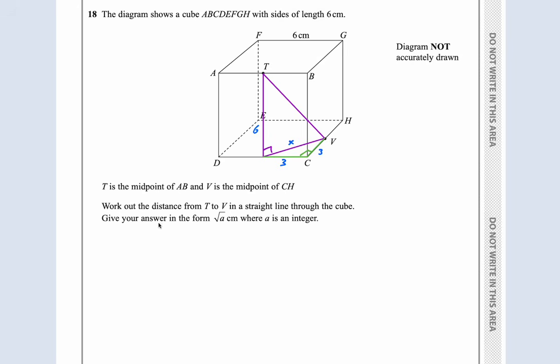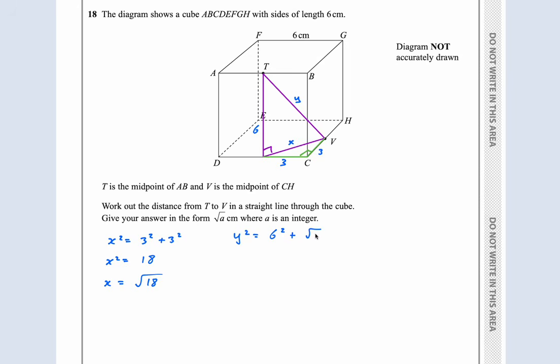Okay, let's get x. So x squared is 3 squared plus 3 squared, because that's Pythagoras' theorem. x squared equals 18. 9 plus 9 is 18. And x is equal to root 18. Now let's just leave it as root 18 for a second. And then we can say this length here, let's call it y. y squared is equal to 6 squared plus x squared. Now x, guys, is root 18.